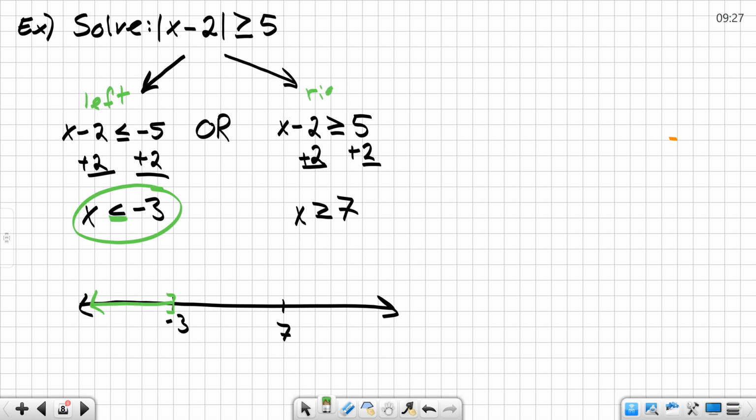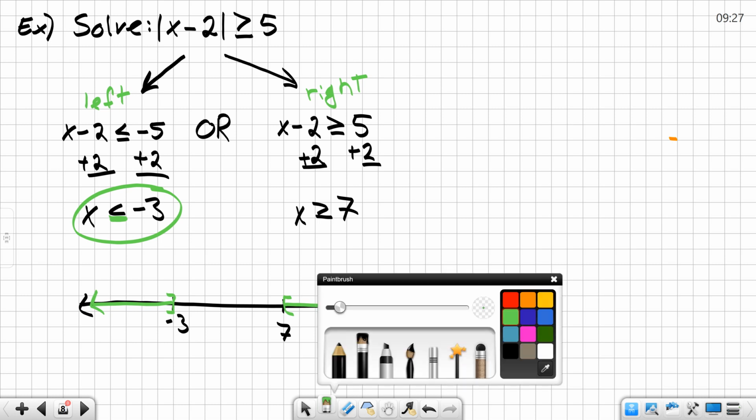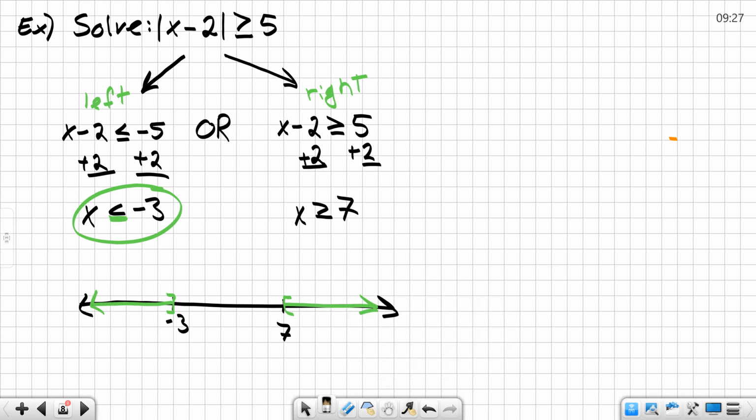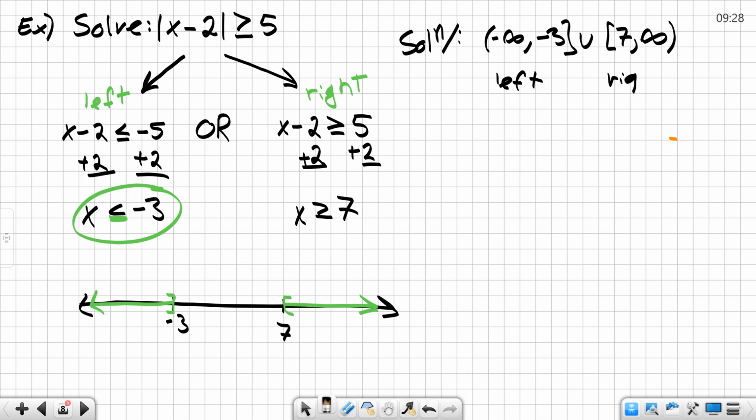This one, remember, was to the right, and that means greater than or equal to positive 7 is to the right of positive 7. And I'm writing this down as an interval, and that means the interval from negative infinity all the way up to negative 3, this was the left branch, forms the union with numbers that are bigger than positive 7. This was the right side.